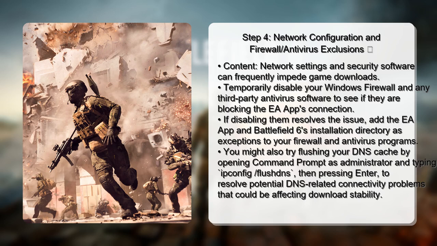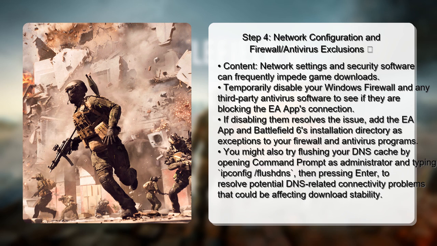Step four: network configuration and firewall antivirus exclusions. Network settings and security software can frequently impede game downloads. Temporarily disable your Windows firewall and any third-party antivirus software to see if they are blocking the app's connection.